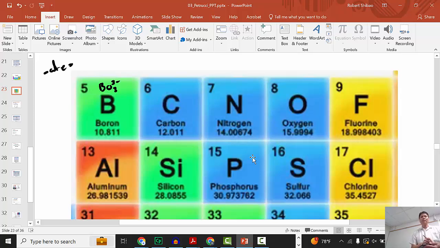And one thing that helps me to remember this formula is the group. What group is boron in? Boron is in group 3A. And so the way I remember this is it's 3, 3, 3. That's borate.